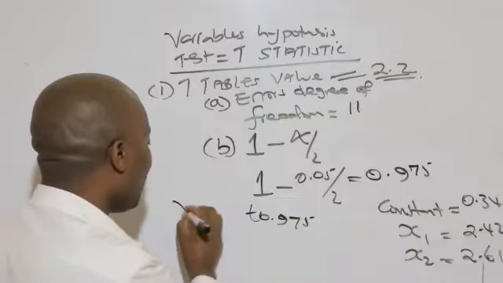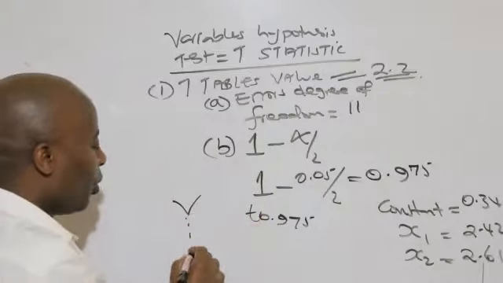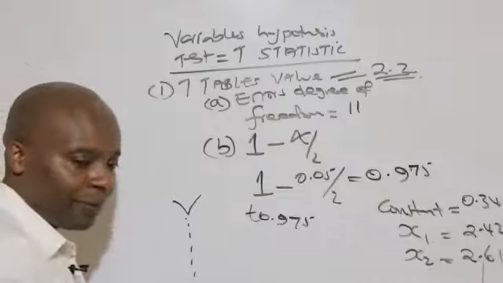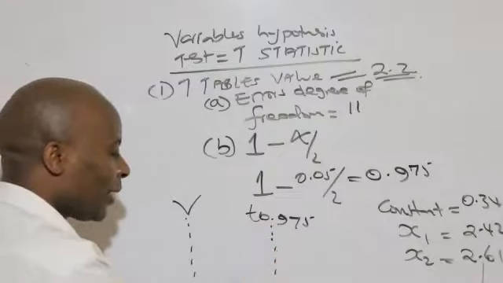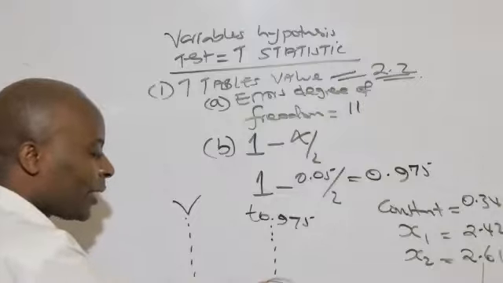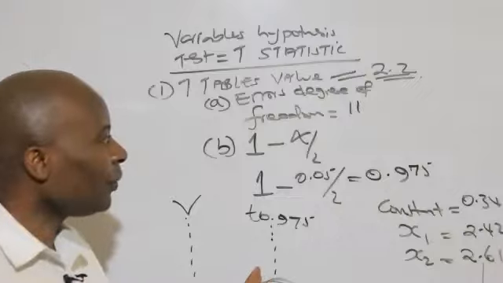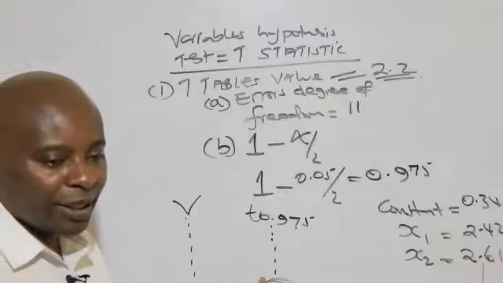And then we have another one here going by the name V. V stands for degrees of freedom. So you go down here, you'll be able to see 11. And then, of course, you are walking parallel alongside, so you stop here. The figure at the intersection is what we call the T tables value.